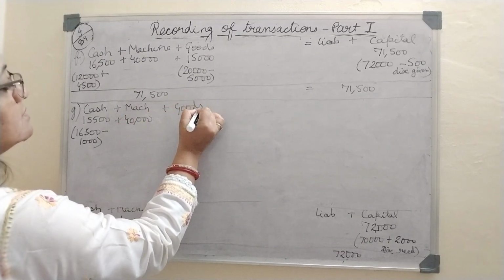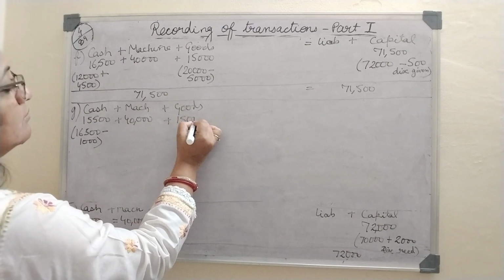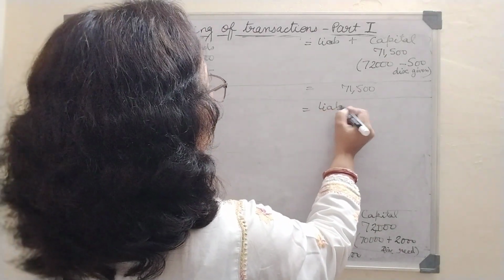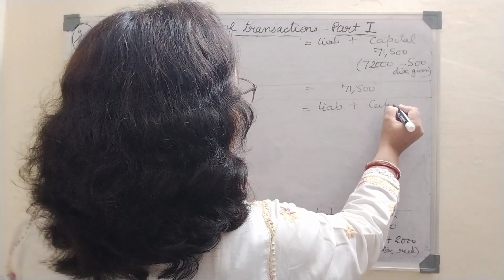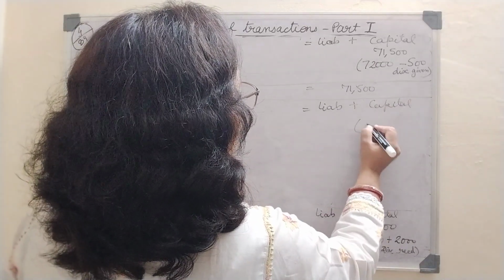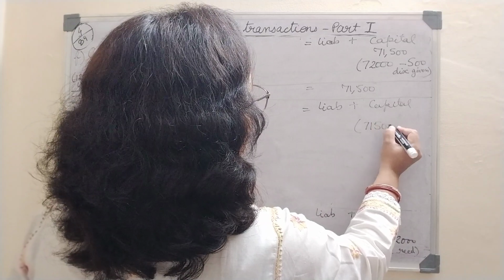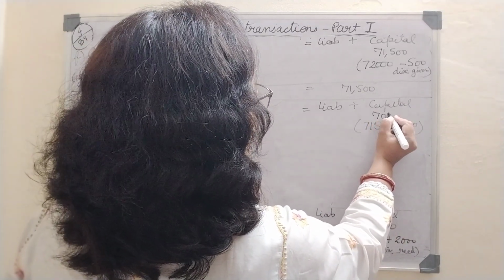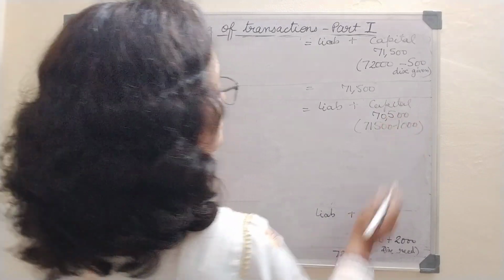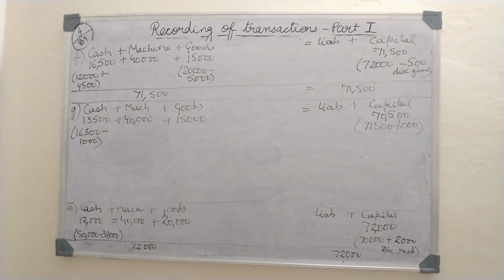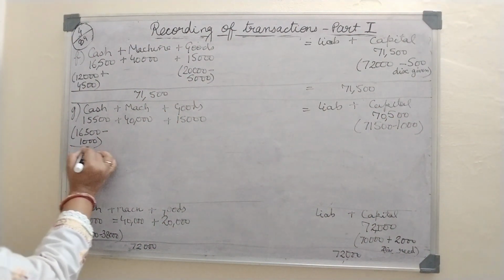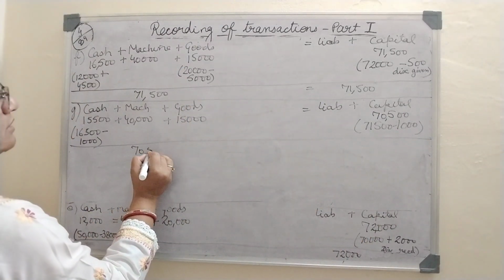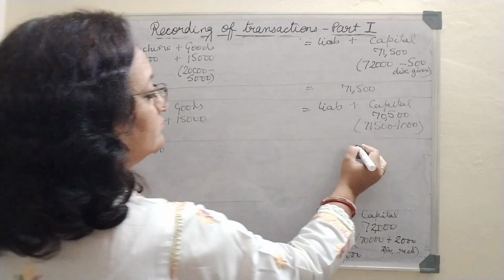Goods remain the same. Then liability, nothing is there. Then from capital we will reduce 1000, so it becomes 7500. Right? So now the total of both the sides is 7500.